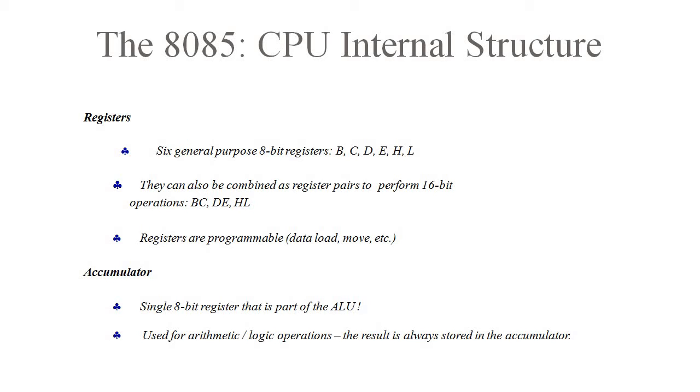So as I told you, single 8-bit register that is a part of the ALU. Then it is used for arithmetic logic operations. The result is always stored in the accumulator.